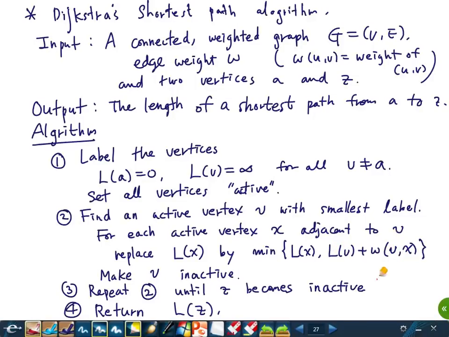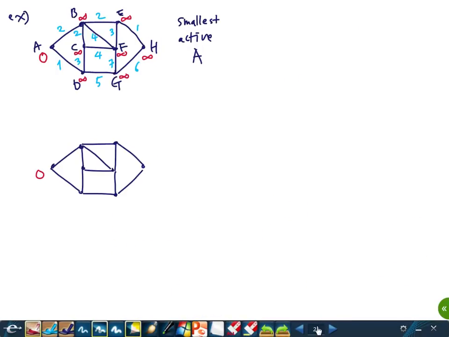This means if V is here and X is here, this is the cost required to reach X from A using this path, right? So if you want to go from A to V and then X, we have to add the cost up to V and then the cost to use this edge. That's what this means, right? You add this number plus the cost over here. So what is that here?